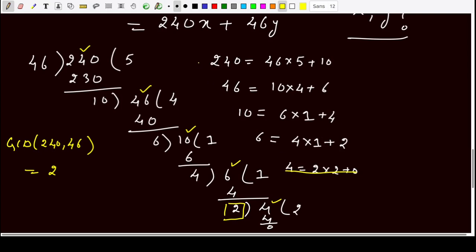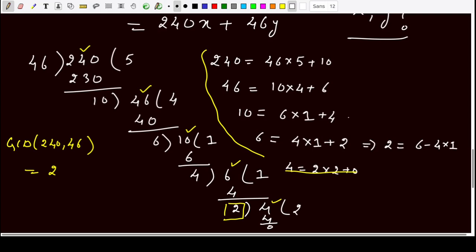So these are the four equations which will be used to express the GCD of 240 and 46 in terms of ax plus by. Let us see how we do that. From here we can say that 2 equals 6 minus 4 times 1.